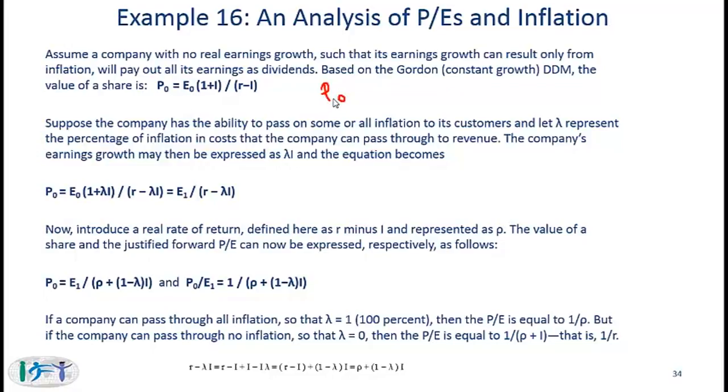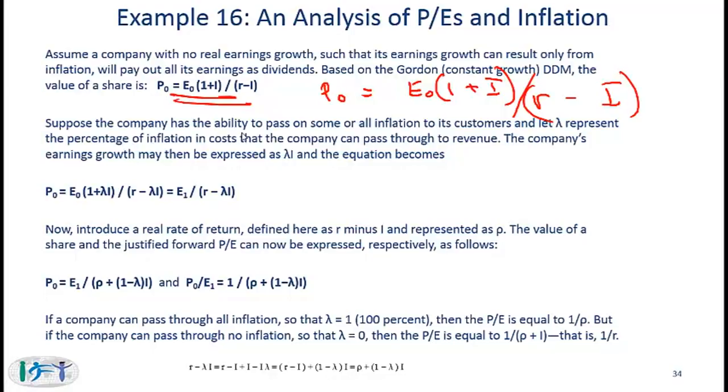P naught is equal to E1, but E1 is simply given by E naught into 1 plus the inflation number, divided by R minus G. What is G in this context? If the only growth is coming from inflation, you have divided by R minus I. So is this a new formula? Not quite, because you've seen this before. All you are doing is replacing growth with inflation.